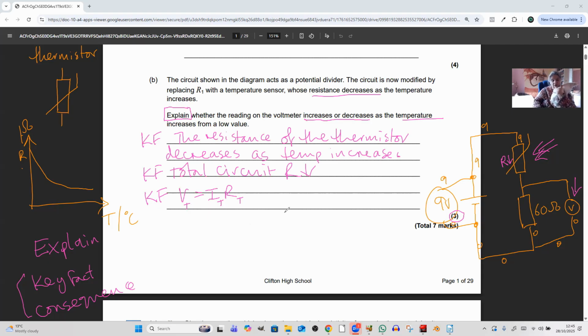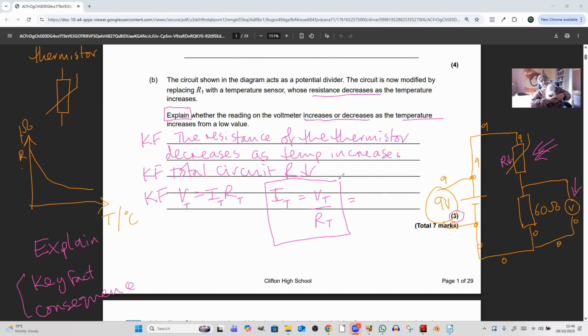Okay, but can you see? I could say, well, what happens to I if the total resistance goes down? It doesn't just stay constant. Look at this. What happens to I if the total resistance has gone down?